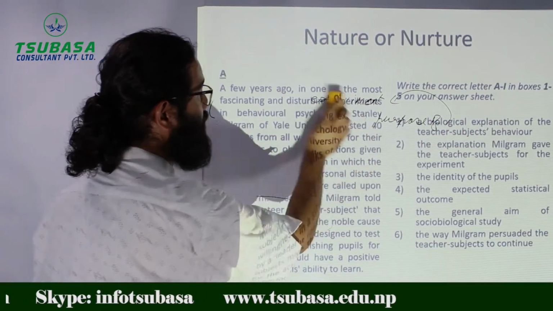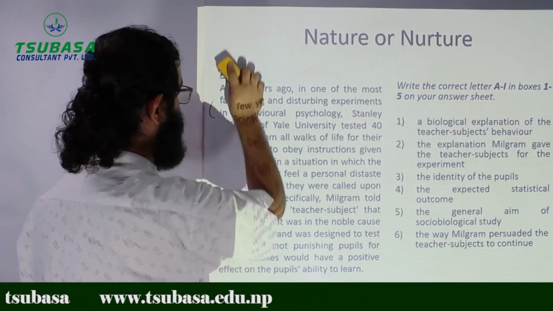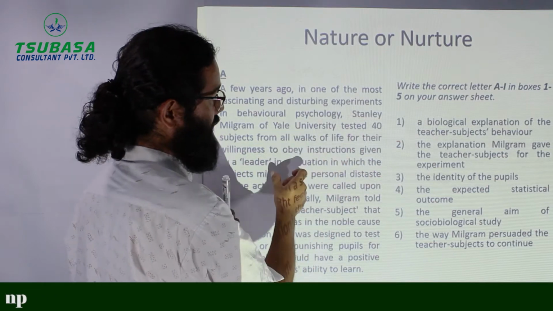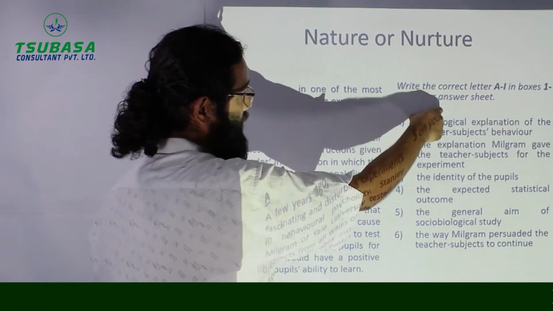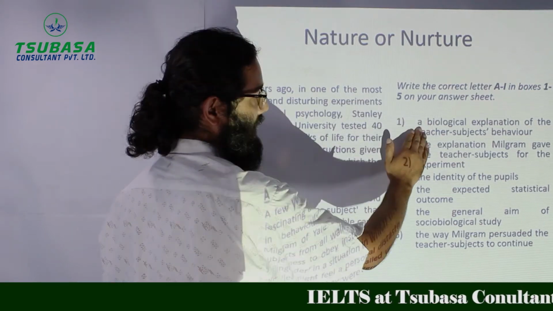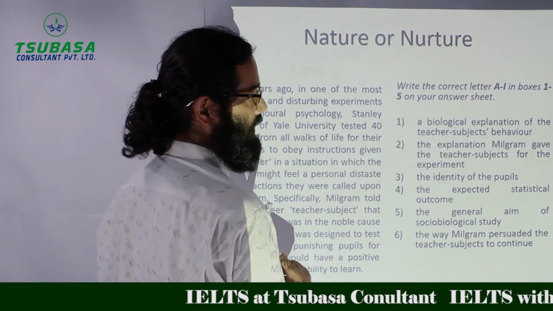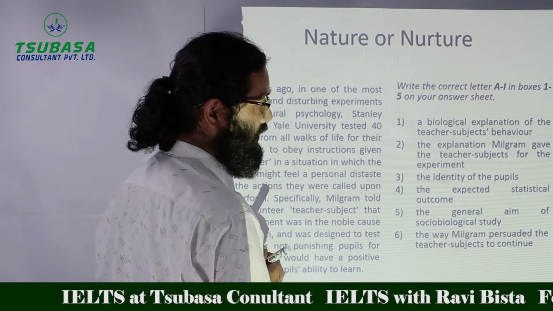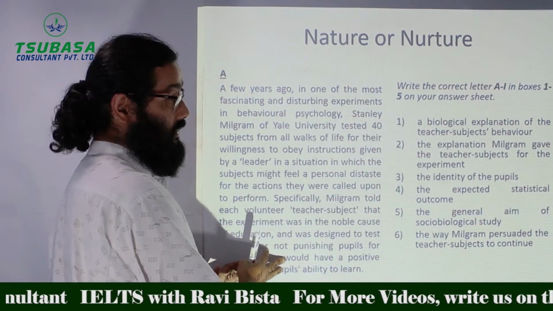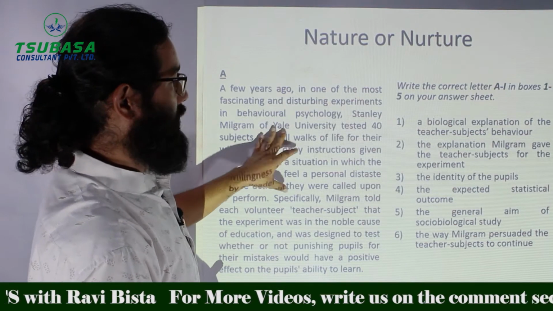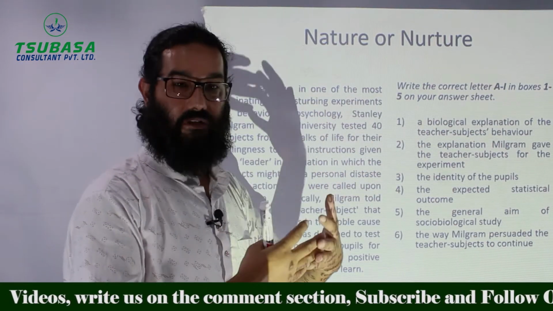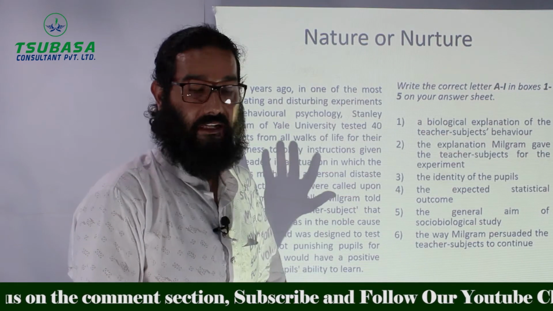Okay, now see here, you have to be able to say which information matches this paragraph. The first one says a biological explanation of the teacher subject's behavior. Now there's nothing related to a biological explanation. If this paragraph was to be a biological explanation, it had to talk about biology, like maybe genes, cells, something like that.